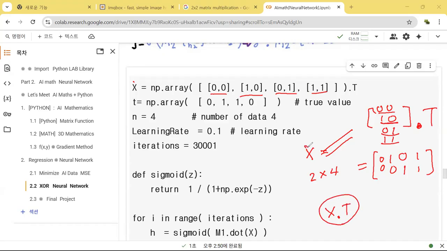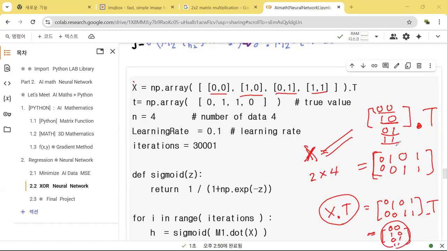But our question is X transpose. So X is this one. So what is X transpose? So 1, 0, 0, 1, 1, 1 transpose. This one just returns to the original position because the first column becomes the first row, and this one is 1, 0, 0, 1, 1, 1. So now this one is the original.